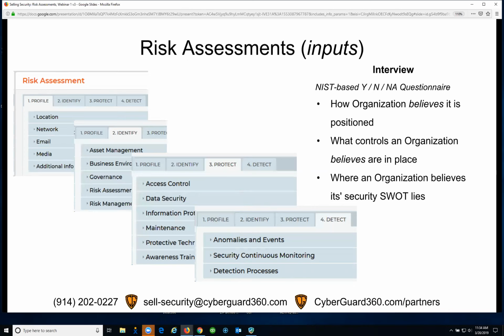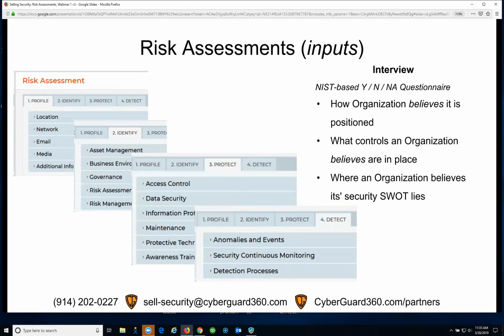We said earlier, we're talking to the C-suite. They have a belief in the way that their company is positioned from a risk posture perspective, what controls they believe they have in place, and where they believe their security SWOT lies. SWOT: strengths, weaknesses, opportunities, and threats.